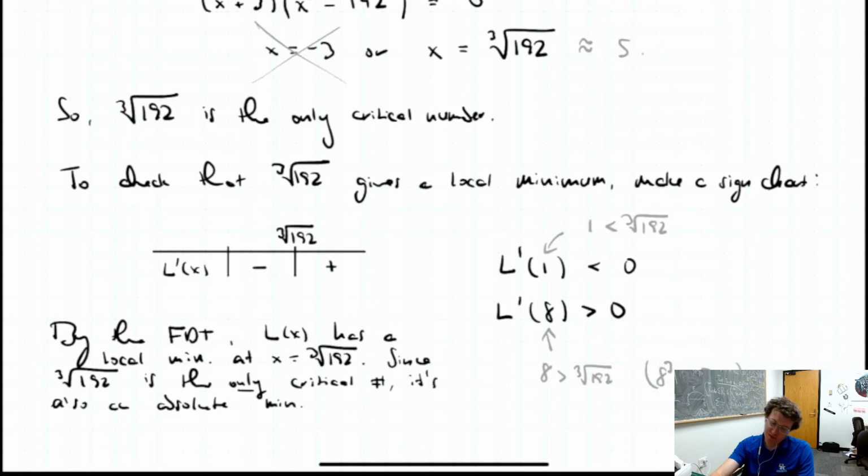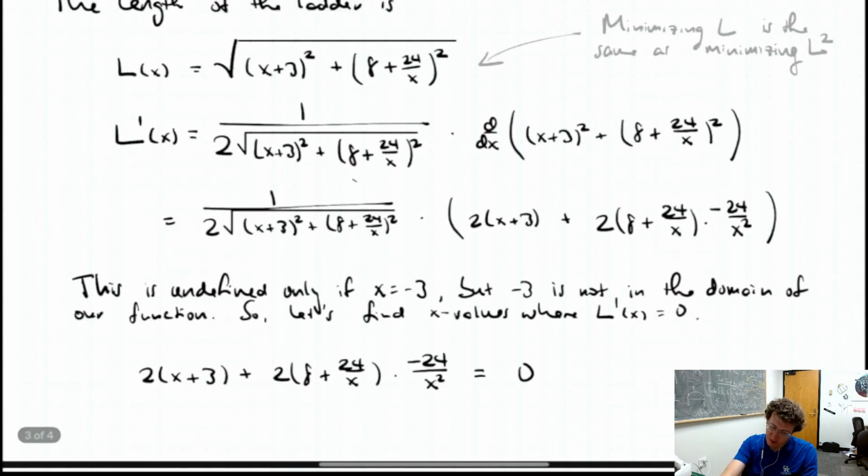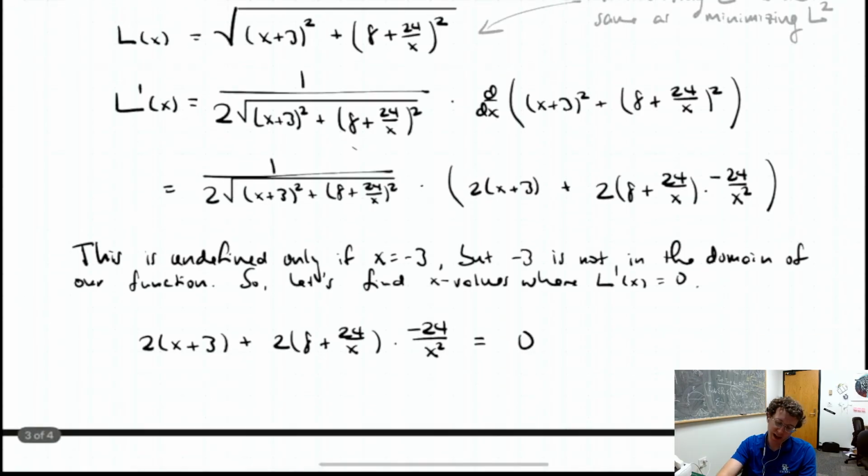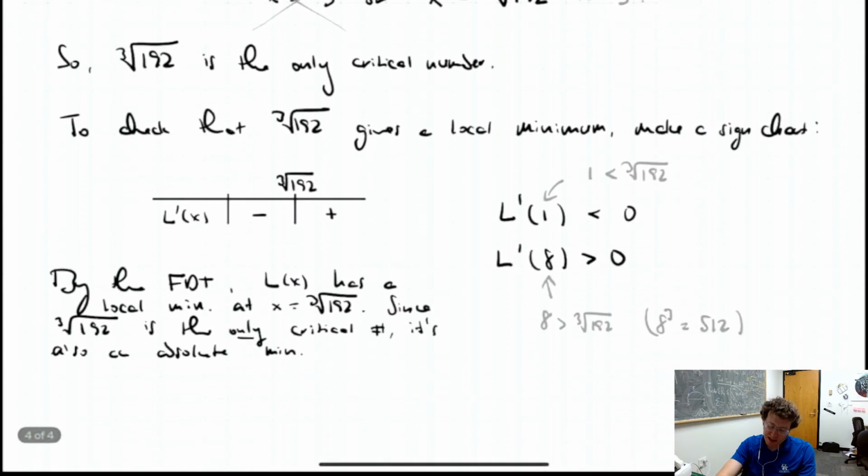Well, it's a whole number. It evenly divides 24. And it is bigger than the cube root of 192 because 6 cubed is 216, which is just barely bigger than 192. So actually, yeah, 6 would be an excellent choice to plug in if you had to do this by hand.